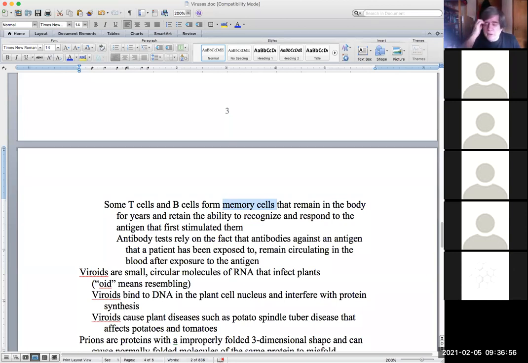So remember when we looked at bacteria the other day and we were looking at a virus transferring DNA from one bacteria cell to another, we saw that a virus can integrate its DNA into the host DNA. It can stick its DNA into the host chromosome in a bacteria.